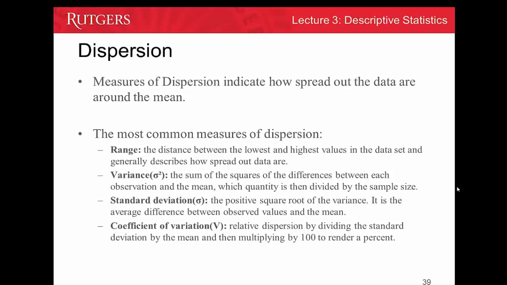The range means the distance between the lowest and highest values in the dataset. It generally describes how spread out the data are. And the variance is the sum of the squares of the differences between each observation and the mean, which quantity is then divided by the sample size.